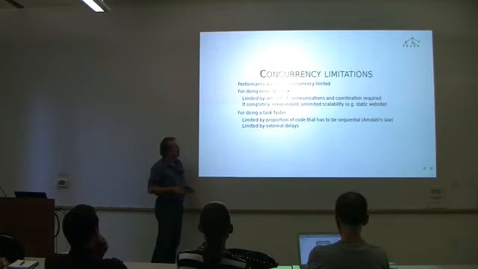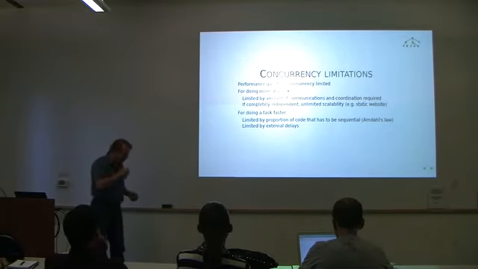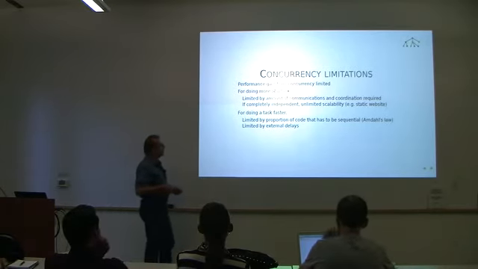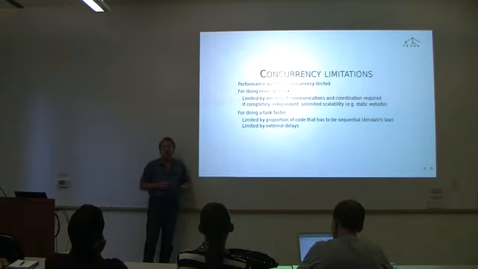So he came up with a law that said if you're going to make use of concurrency and parallel processing, the maximum gain that you could get is going to be proportional to how much of the code can actually be executed concurrently.